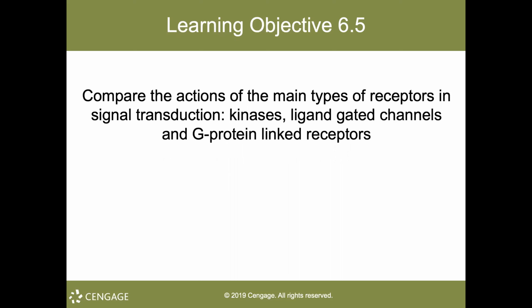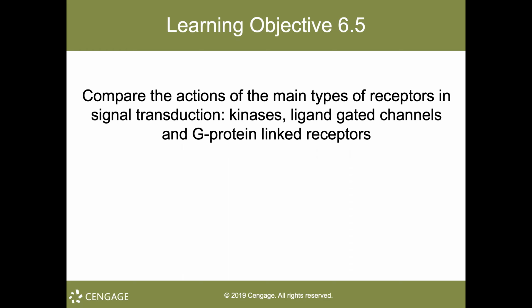So when kinases are phosphorylated, that converts them to the active state. Kinases can phosphorylate other kinases, and that will continue to activate things in a pathway. As long as things are being phosphorylated, they are considered active.